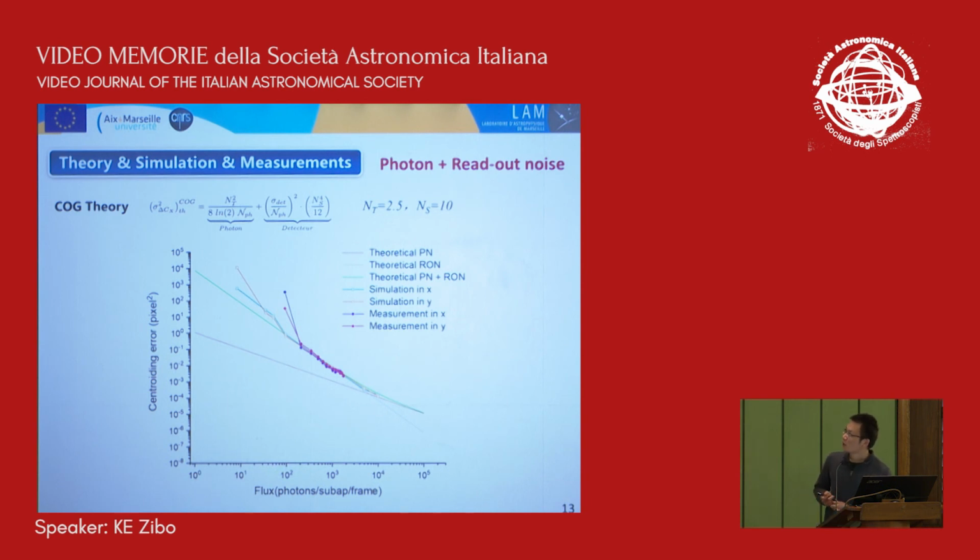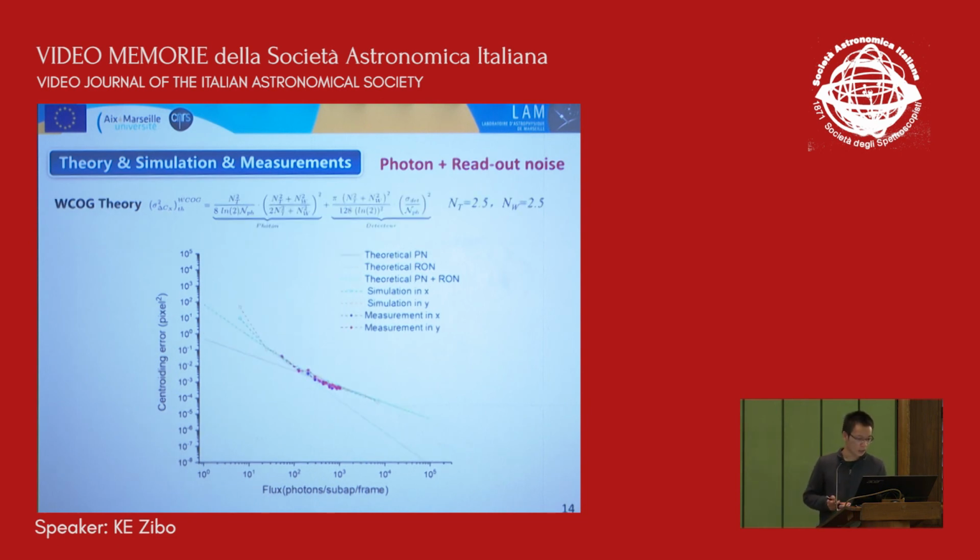because this theory is not very suitable for the lower flux, and the irrelevant pixels can have an effect on the centroid calculation. So we can see in the lower flux it has a big fluctuation.